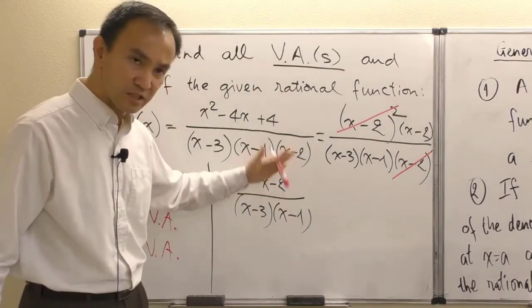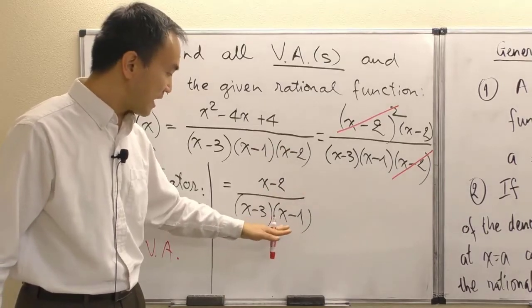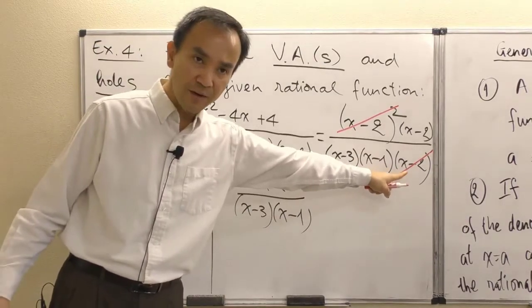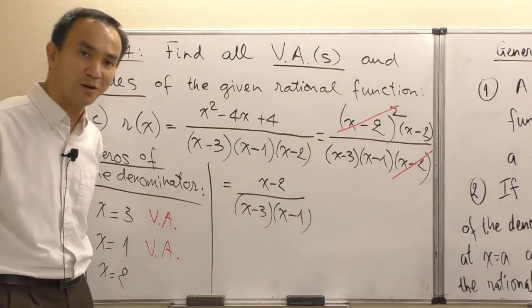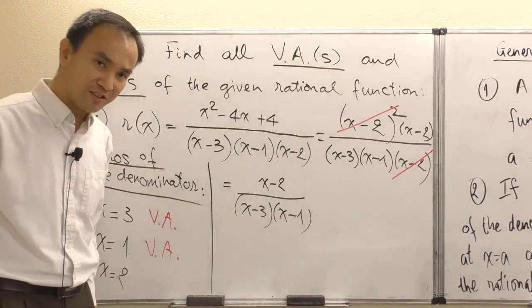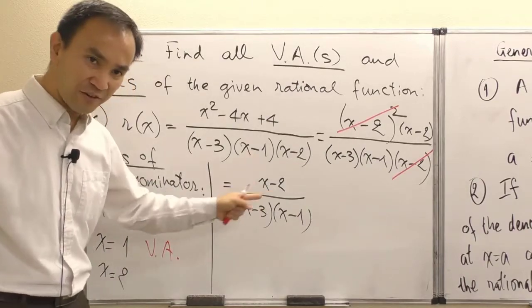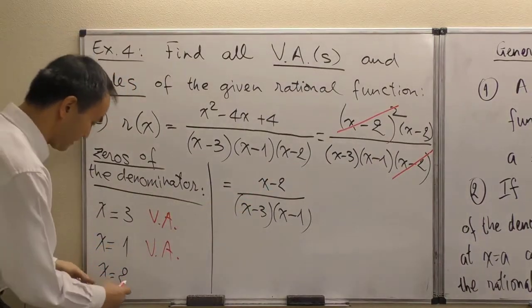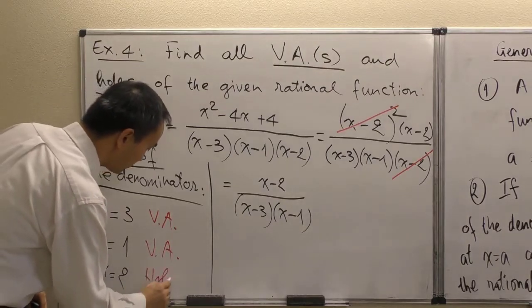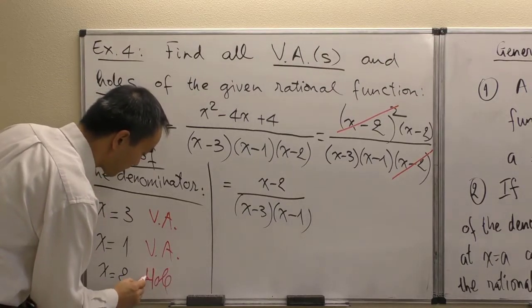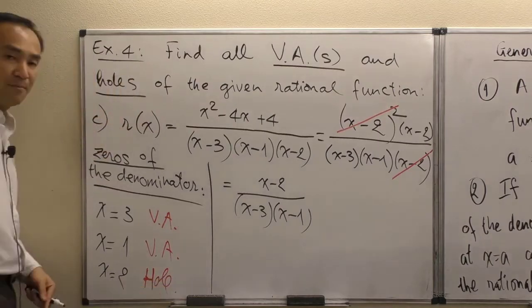In this simplified form, the x minus 2 factor in the denominator was completely canceled away. That's what I meant in the general conclusion that I wrote on the other board earlier. So now I have a firm conclusion: this zero at x equals 2 must be a hole. That's how things happen.